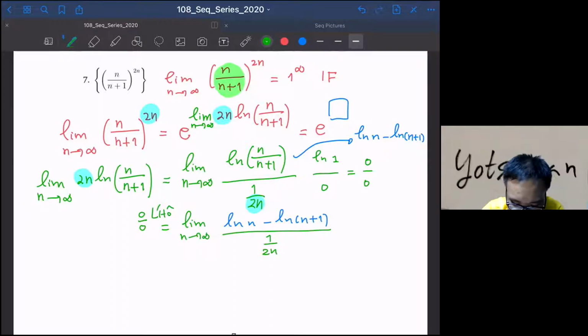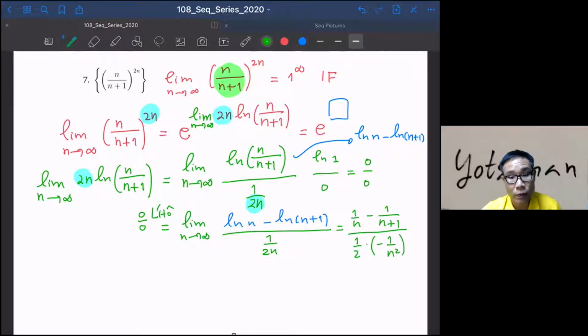Differentiating the top, the derivative of log n is 1 over n, and the derivative of log of n plus 1 is 1 over n plus 1. Differentiating 1 over 2n gives negative 1 over 2 times 1 over n squared.